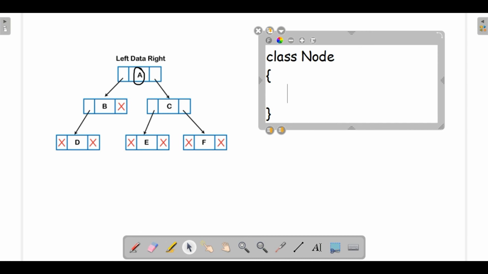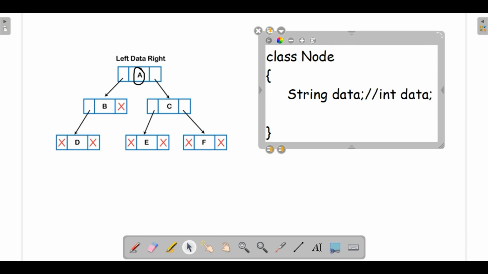So now we are having our class node. As I told you, it would be having some properties. Here we are having string data, that might be int data. And we are having two further partitions of that, the left side and the right side. These are the part of what?